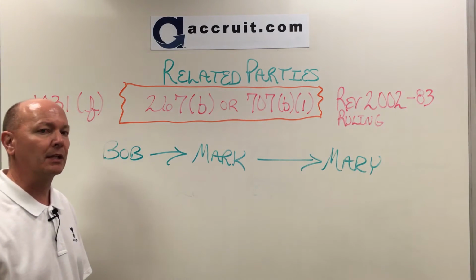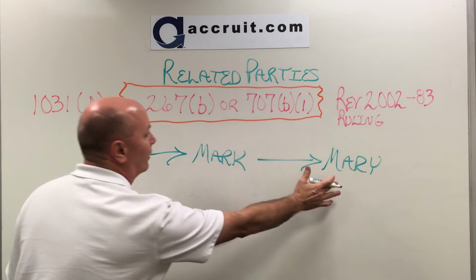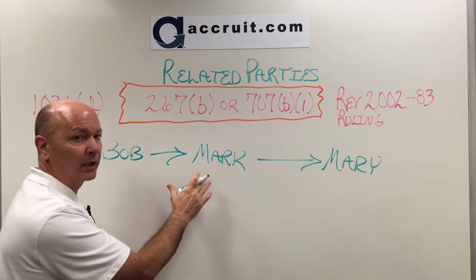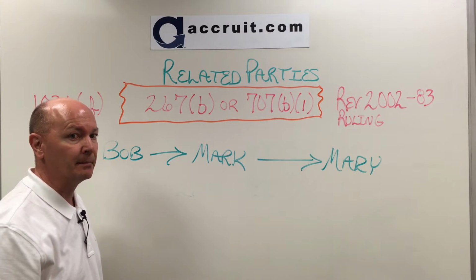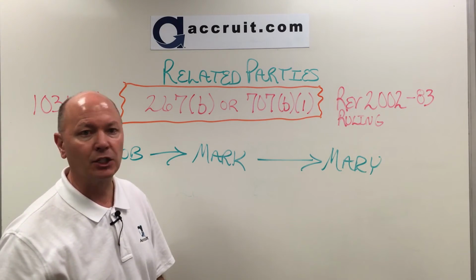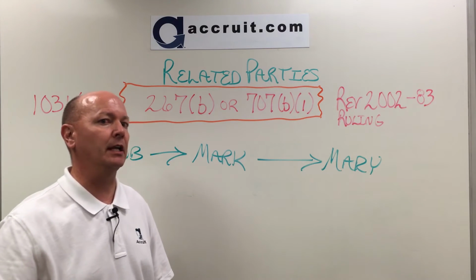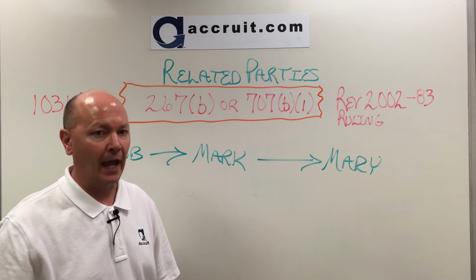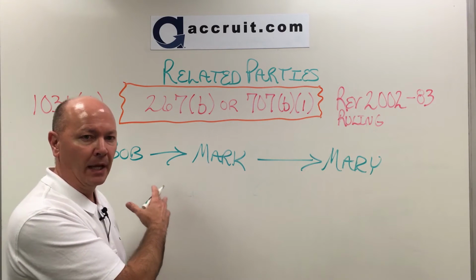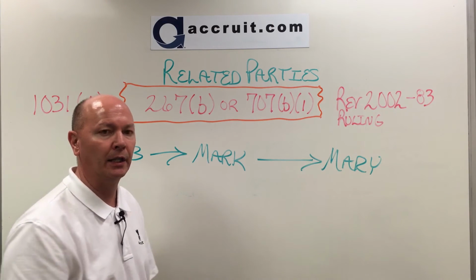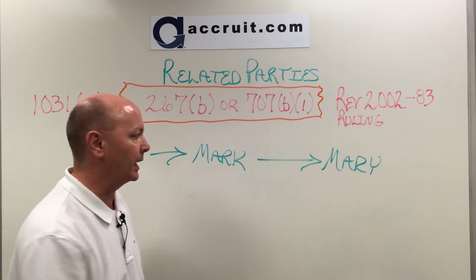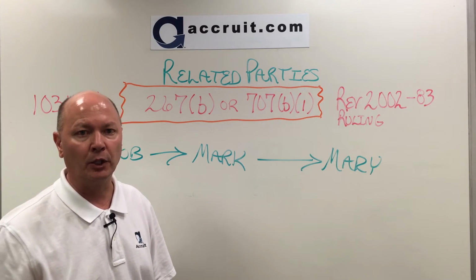The problem with the delayed exchange is if Mary is related to Bob. So if Bob sells the real estate to Mark, who is not related to Bob, to start the exchange, but then Bob wants to complete the exchange buying from Mary, say Mary is Bob's sister, that is problematic under 1031, because if you have a basis shifting situation going on where you may have a much lower tax to pay or no tax to pay, then the IRS is going to rule against that.